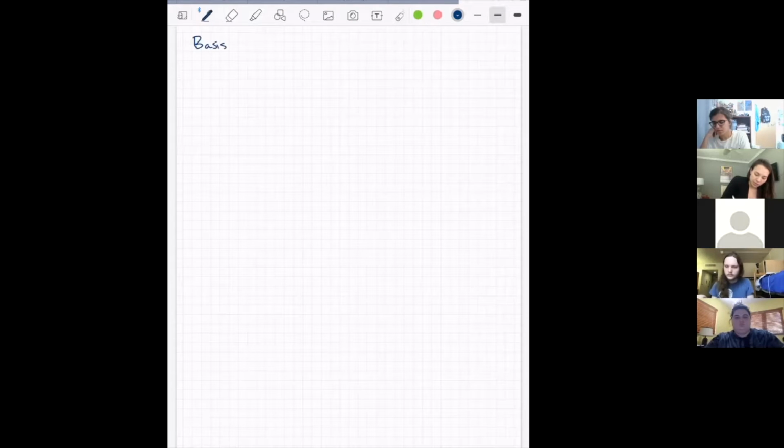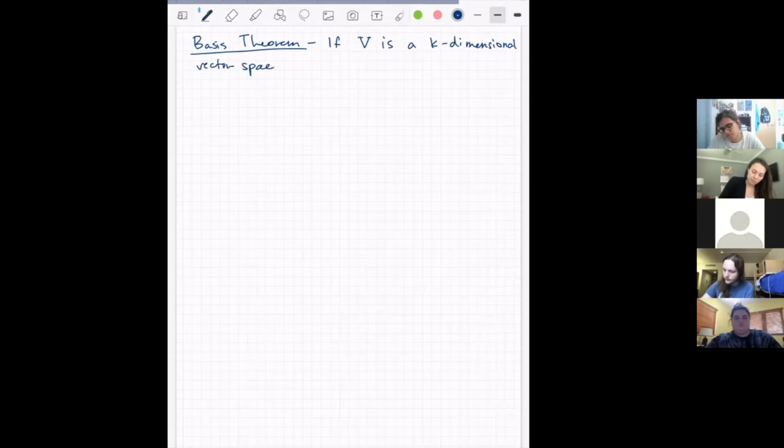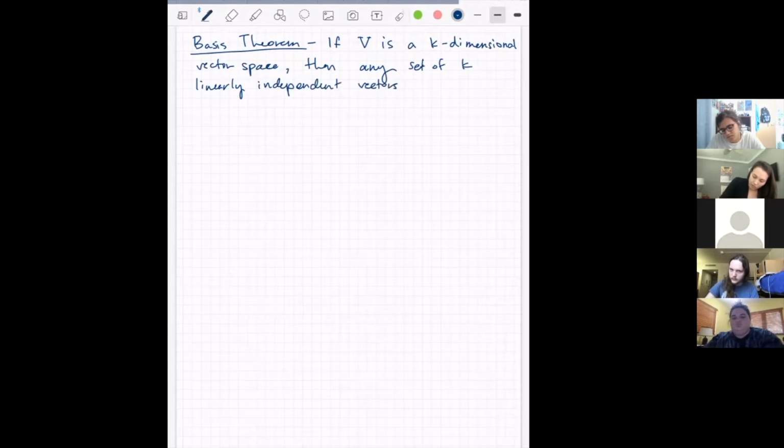So this is the basis theorem, and it says that if you have a vector space V that is k-dimensional, then any set of k linearly independent vectors forms a basis.